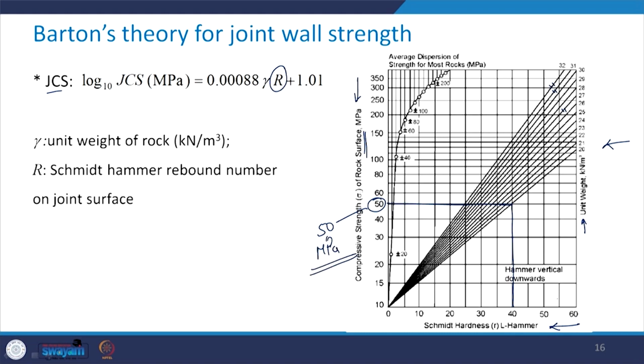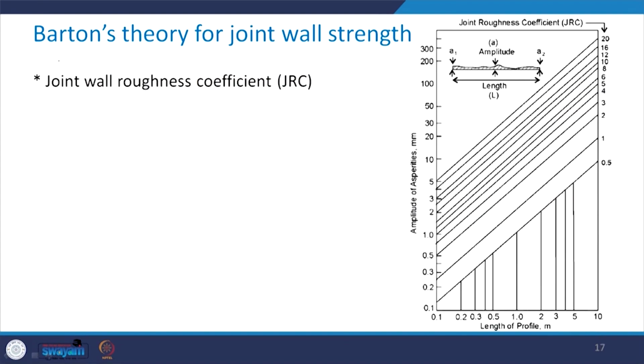Likewise, whatever the value of R and whatever the value of the unit weight, the corresponding value of the compressive strength can be picked, and that would be the value of UCS.